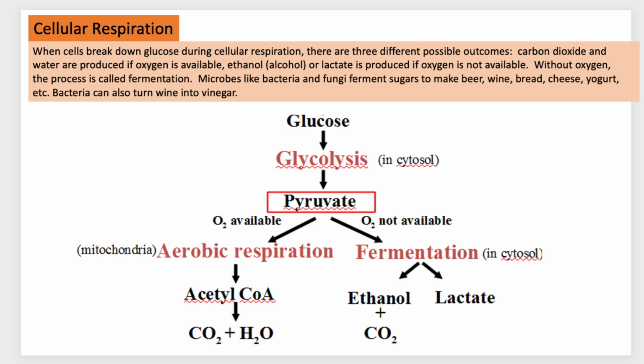If oxygen is not available, then it goes into something called fermentation. So bacteria and fungi like to ferment sugars during this process to create ATP, and it is used in the process of beer making, wine making, and fermentation for even sourdough breads, cheese, and yogurts, which is pretty interesting.